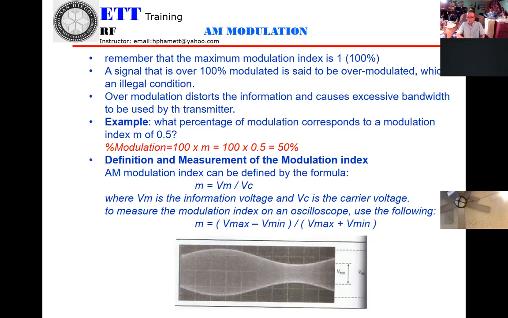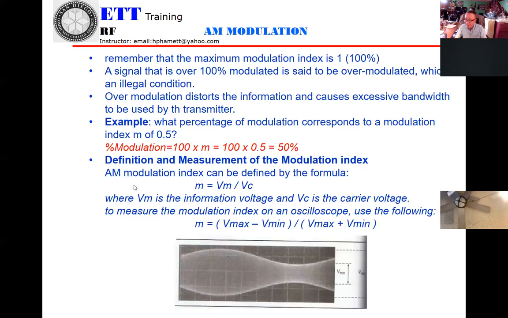However, when you display the AM wave on the oscilloscope to measure the modulation index, you use the formula M equals V max minus V minimum, divided by V maximum plus V minimum.